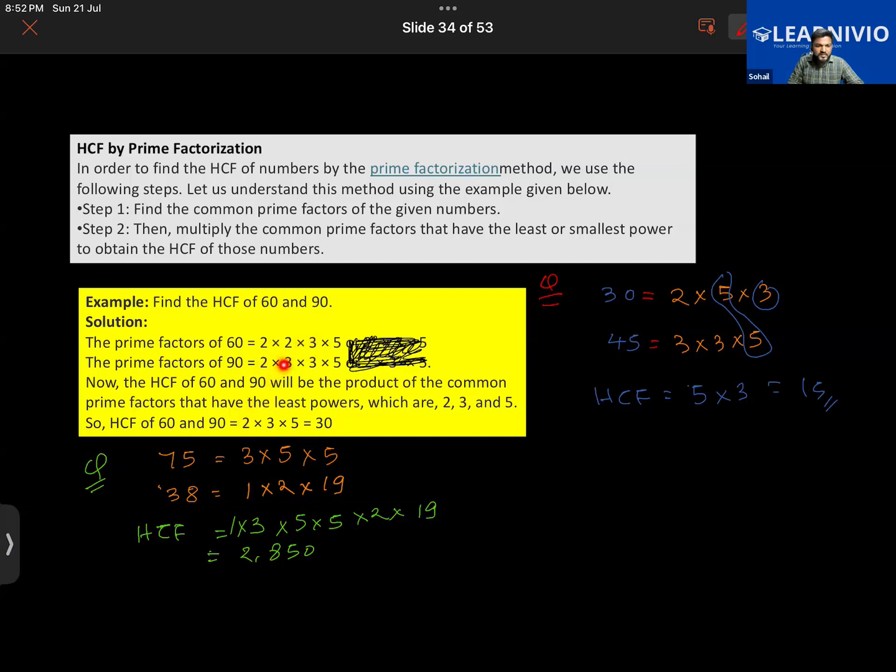Then in these two, 3 is one time, and here 3 is repeated 2 times. So we'll be taking just 3 for the one time, not 2 times. Getting it, guys, what I'm trying to say? So we took that 3 over here, and 5 is repeated here for the same time. So thereby 5 is also taken here. So thereby the HCF was 2 times 3 times 5, that becomes 30.